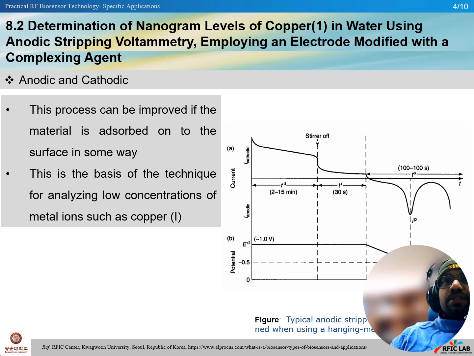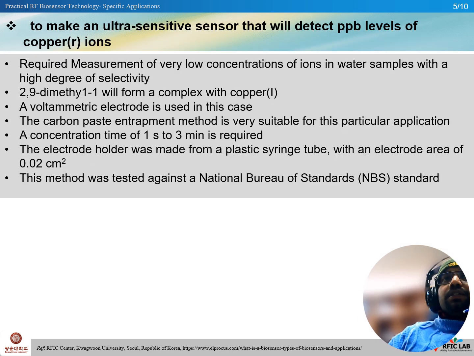This is the basis of a technique for analyzing low concentrations of a metal ion such as copper. On the left hand side, we can see the typical anodic stripping setup.